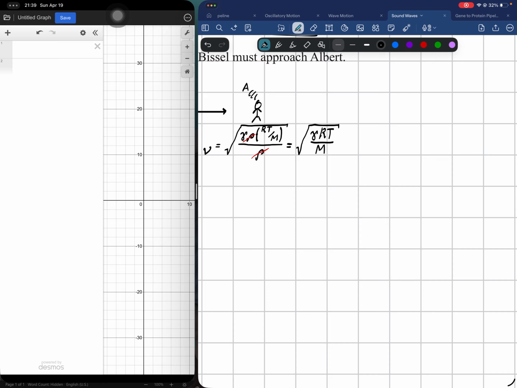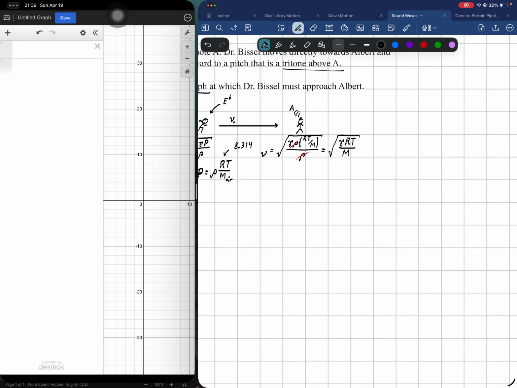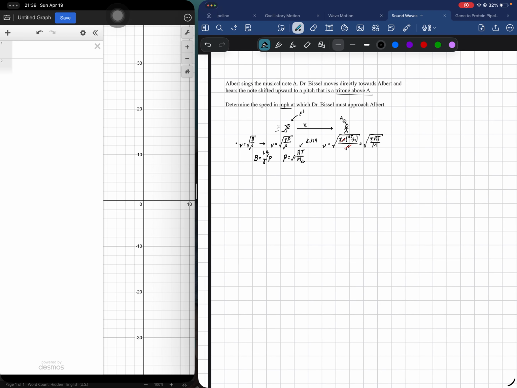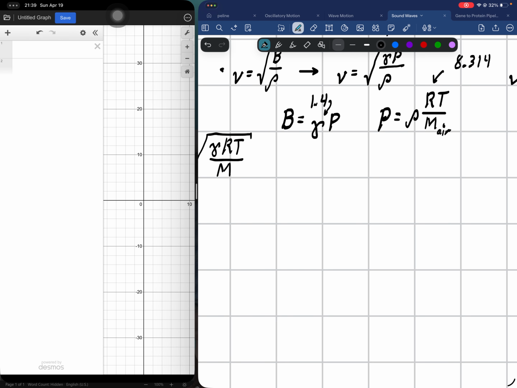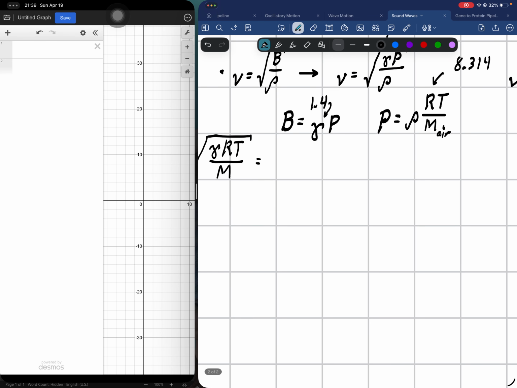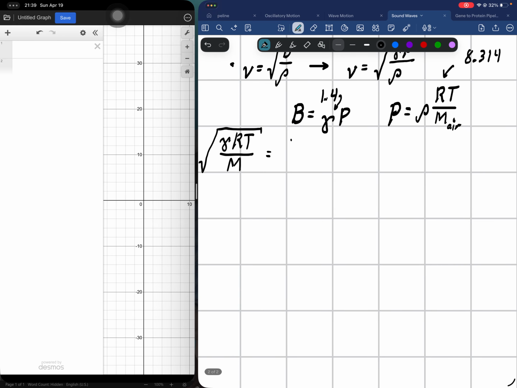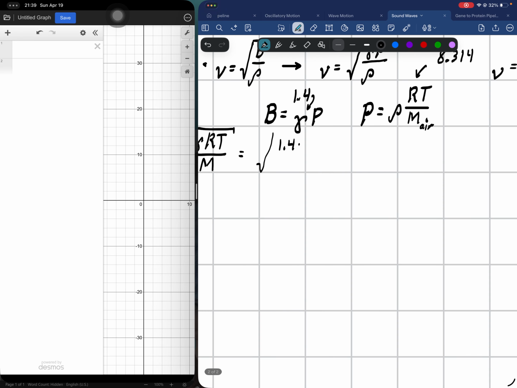Okay, let's continue. Let's go ahead and make some room. Now we know all these values. Like I said, this value is going to be 1.4. Now it's just plug and play. So 1.4. What did we say that R was?